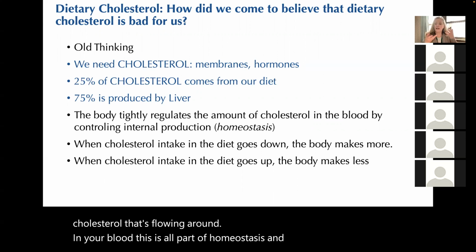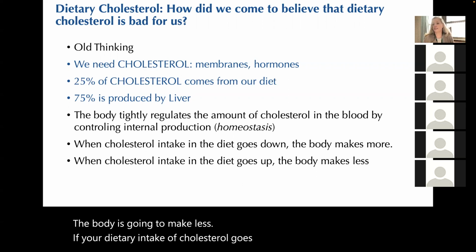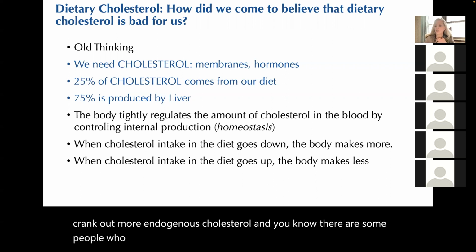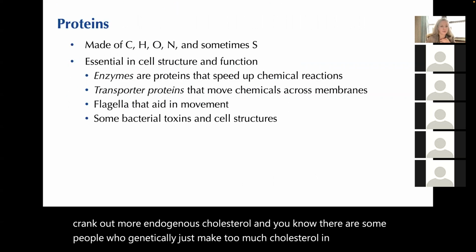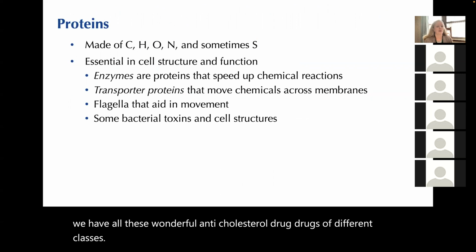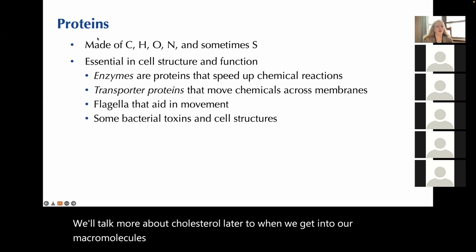If your dietary intake of cholesterol goes up, the body's going to make less. If your dietary intake goes down, your body's going to crank out more endogenous cholesterol. And there are some people who genetically just make too much cholesterol. That's why we have all these wonderful anti-cholesterol drugs of different classes. We'll talk more about cholesterol later on when we get into our macromolecules and nutrition.